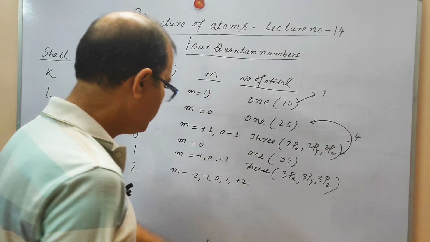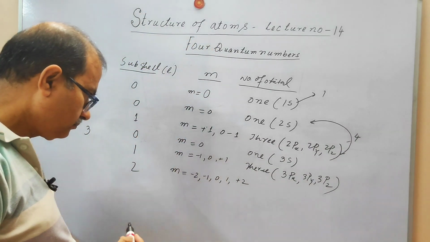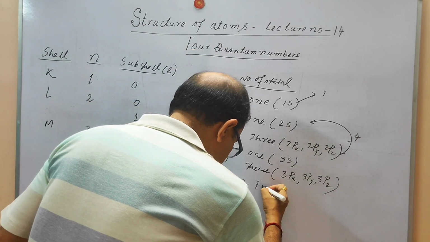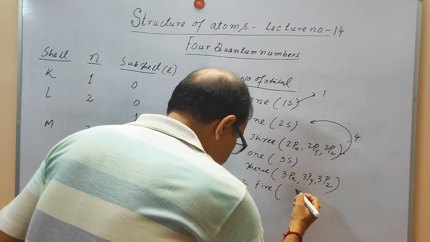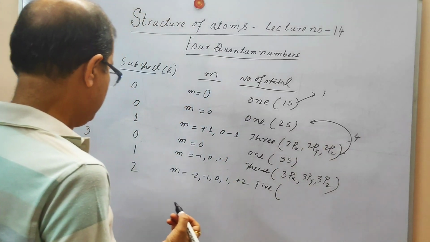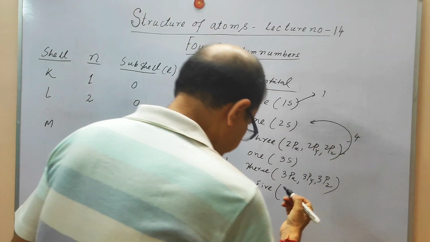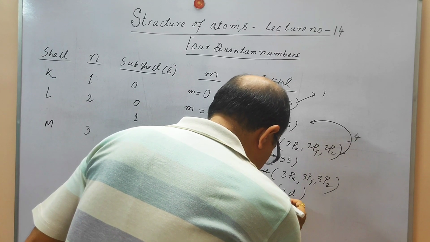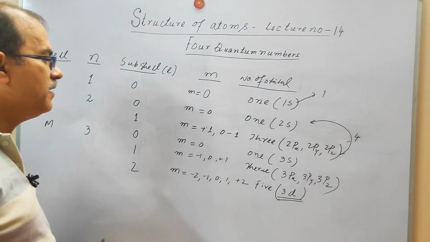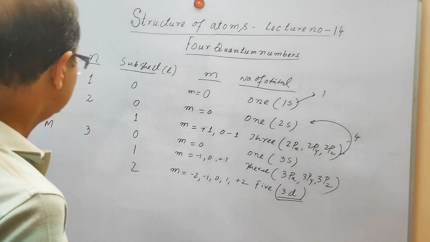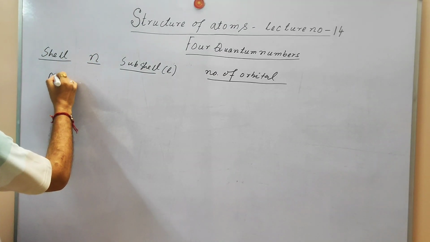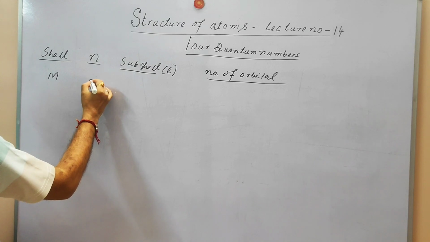So a total of 5 orbitals, 5 orientations are possible. So we can write 5 orbitals, and these are the 3d orbitals. Okay, so this is for n equal to 3.